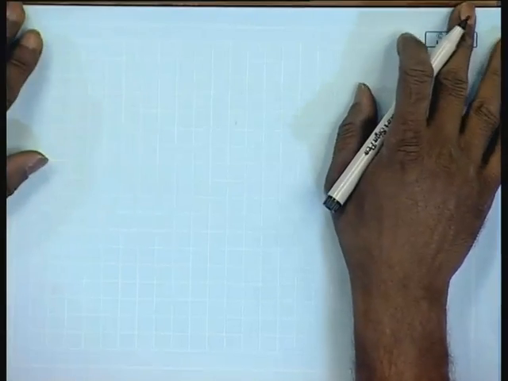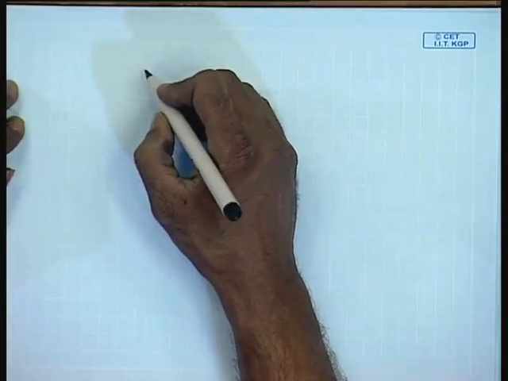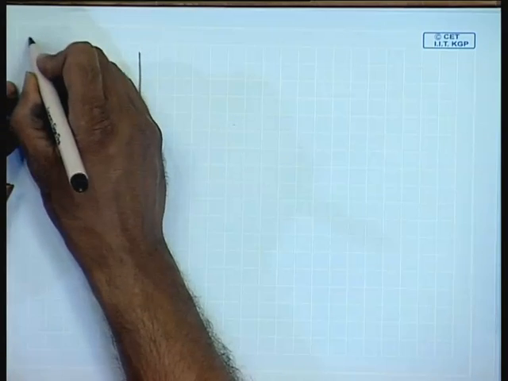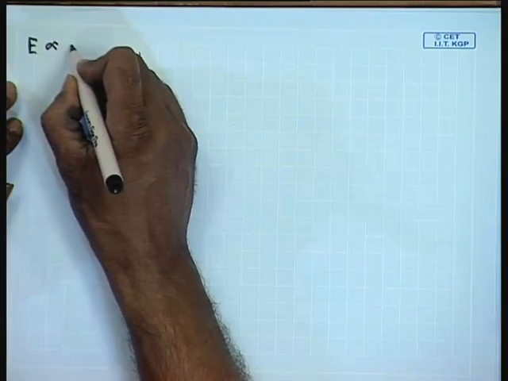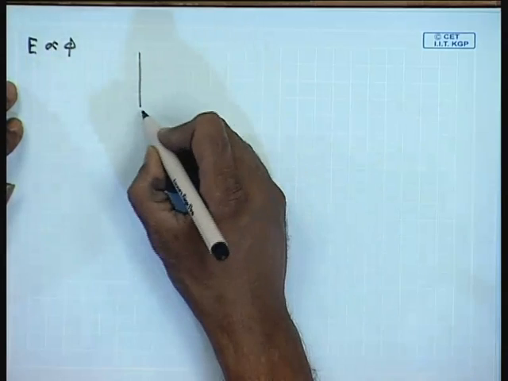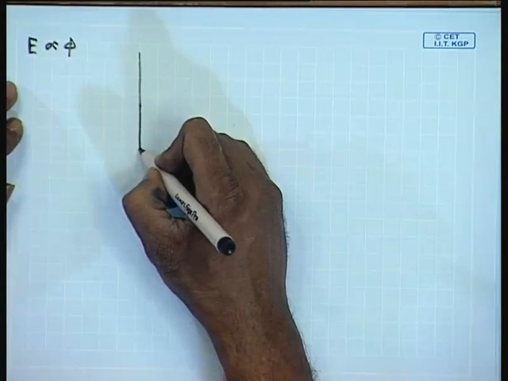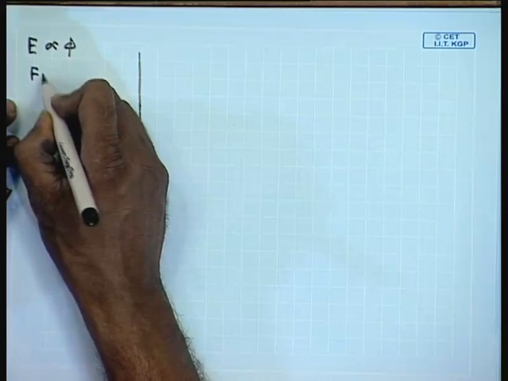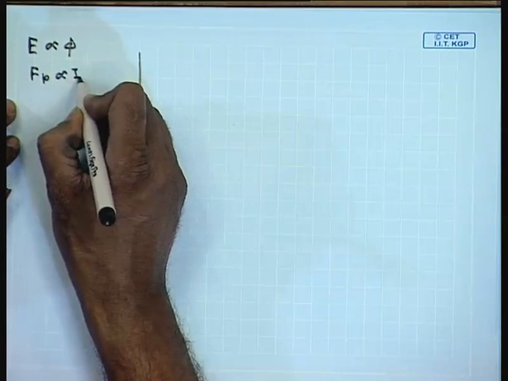It is indeed so, but it is customary to find out, since E is proportional to phi for a given speed, and phi is proportional to Fp, Fp is proportional to I f.